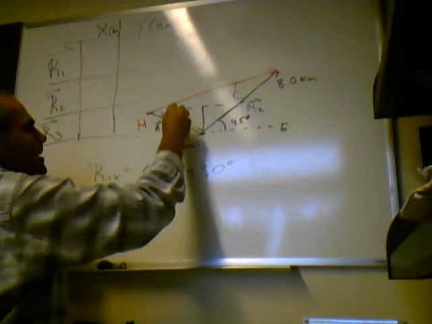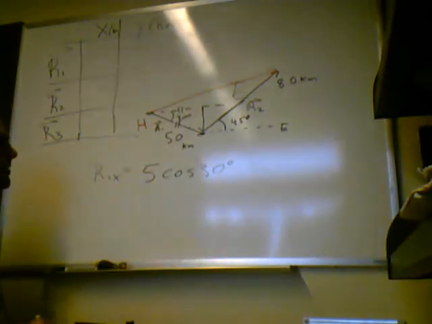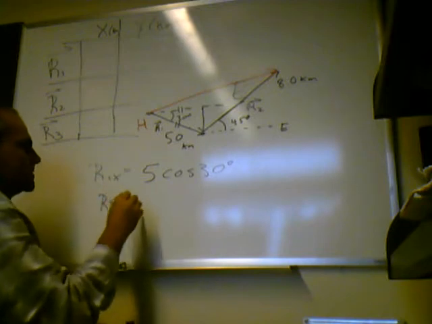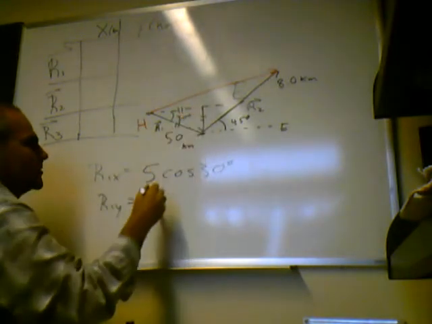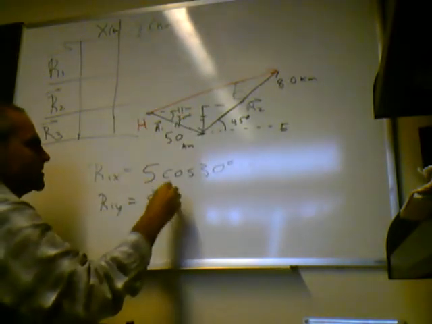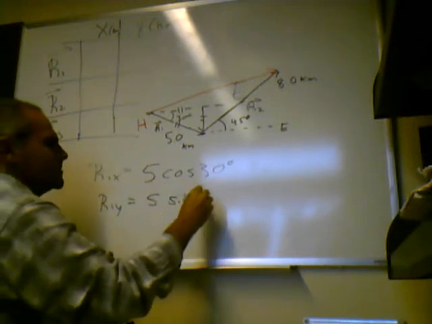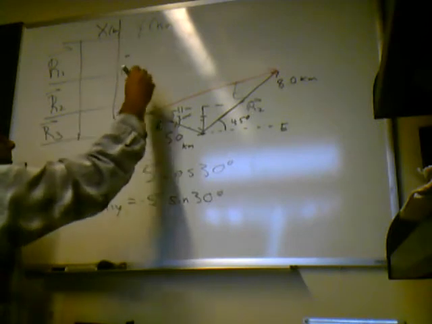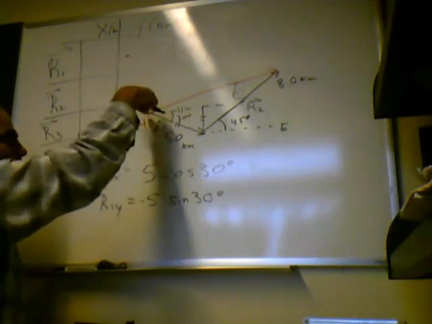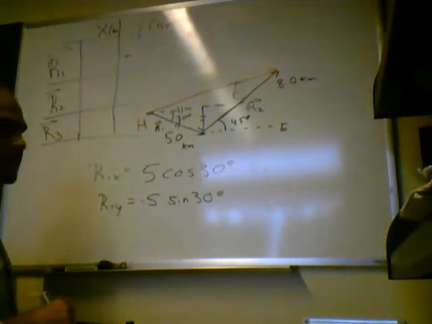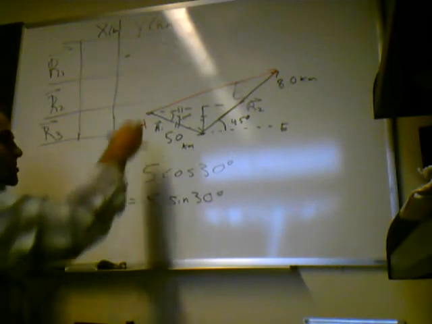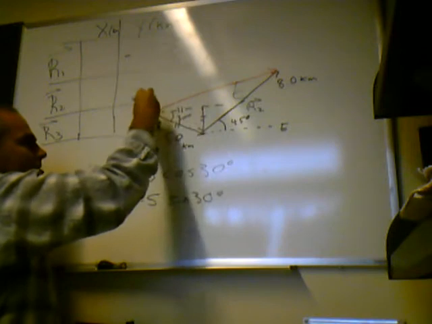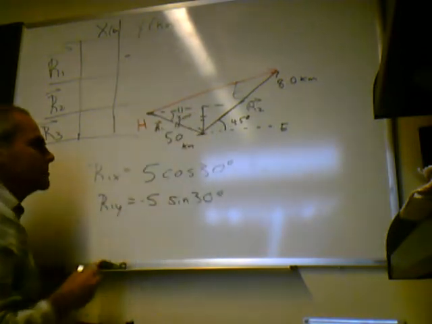This is my 30-degree angle. The cosine is the adjacent side, and the sine is the opposite side. It's going to be the y component of it. It's going to be 5 times the sine of 30 degrees. And it's going to be negative. I can put my negative in right there for the y direction because it's going downward from the initial home point that I'm walking. So I'm walking down here. That's positive in the x direction and negative in the y direction.